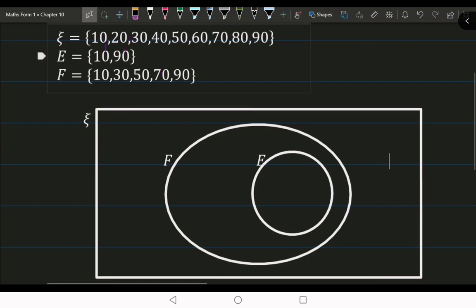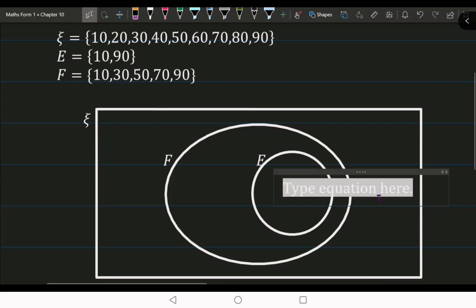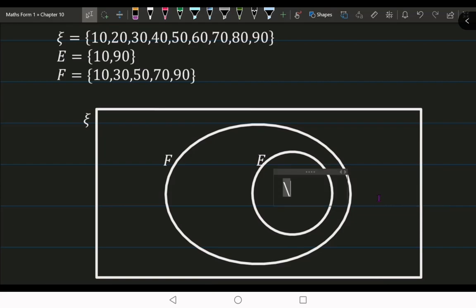So now, does 10 belong to E or F? It's inside here, in this section. You need to notice that if you say it's an element, you have a dot in front of the element.